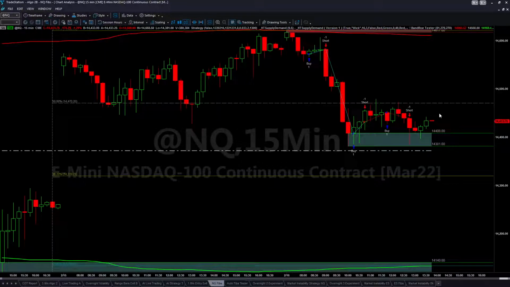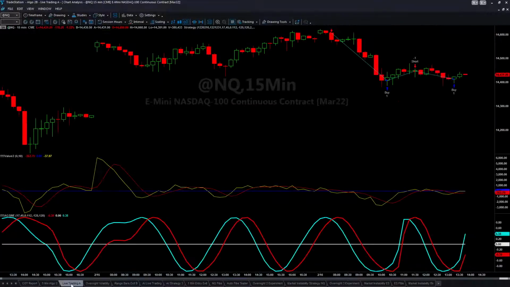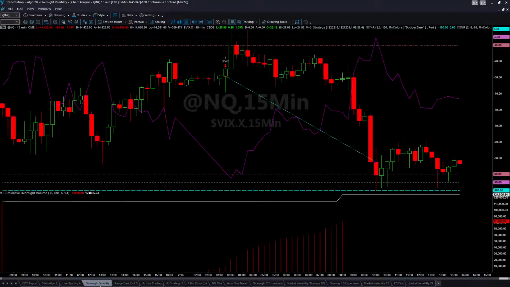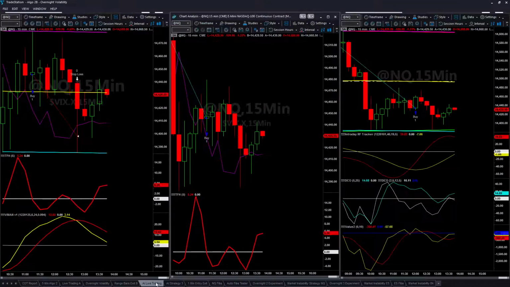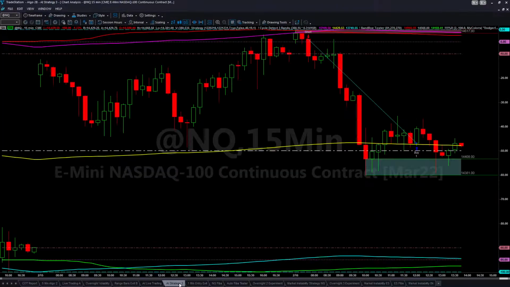All right, we just got bar change right now, guys. No change there. No change in the overnight. No change anywhere there. This is still over the zero line right there.